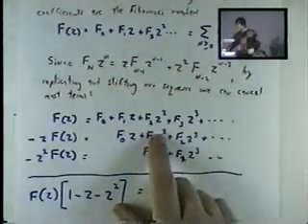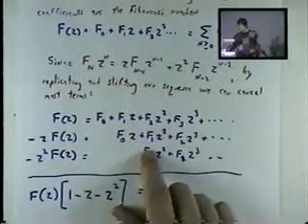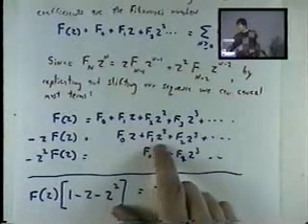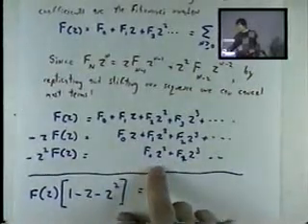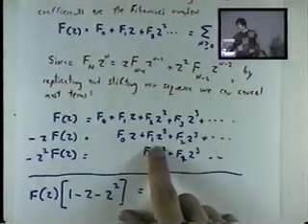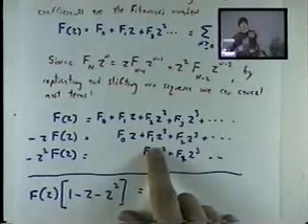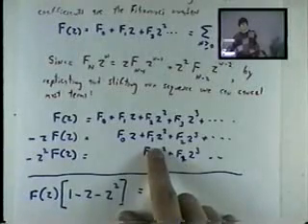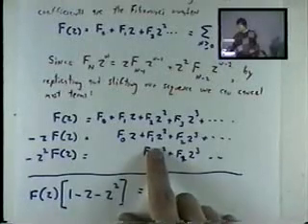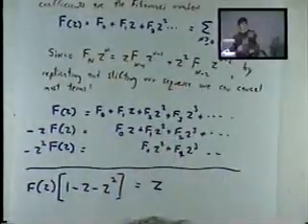Because we know that here we've got f sub 2 z squared minus f sub 1 z squared minus f of 0 z squared. What is f of 1 z squared plus f of 0 z squared? What's that equal to? f2 z squared. If I'm subtracting both of these, they all cancel, correct?